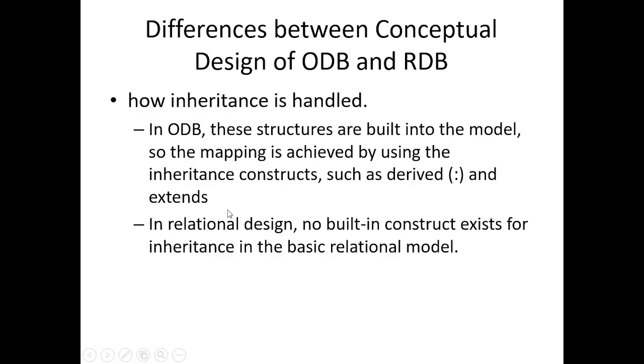In relational design, there are several options to choose from since no built-in construct exists for inheritance in the basic relational model. It is important to note that object relational and extended relational systems are adding features to model these constraints directly, as well as to include operation specifications in abstract data types.